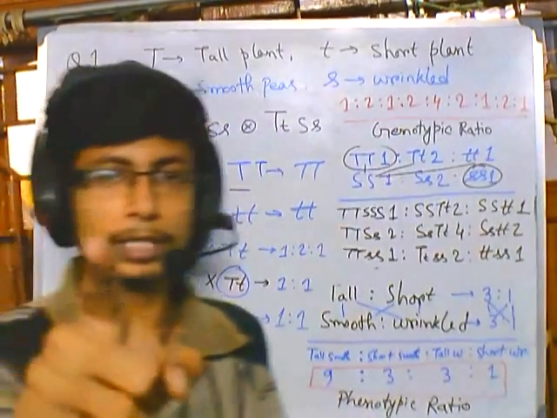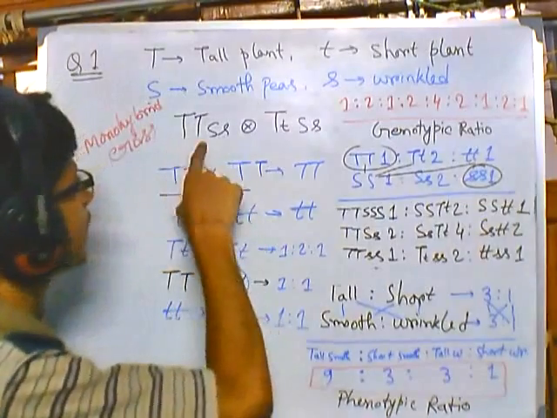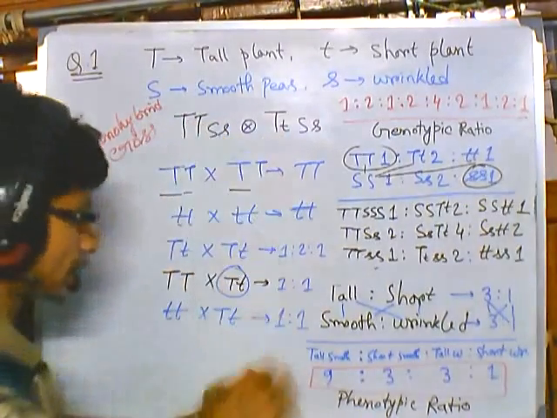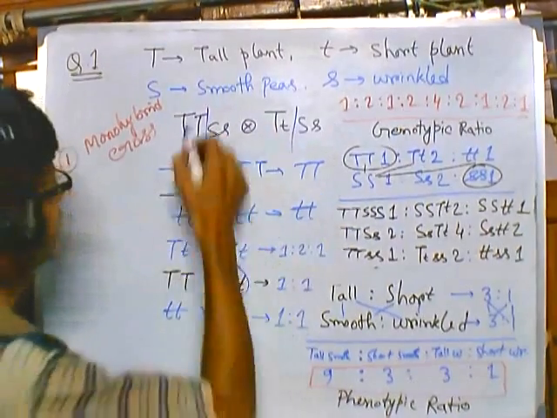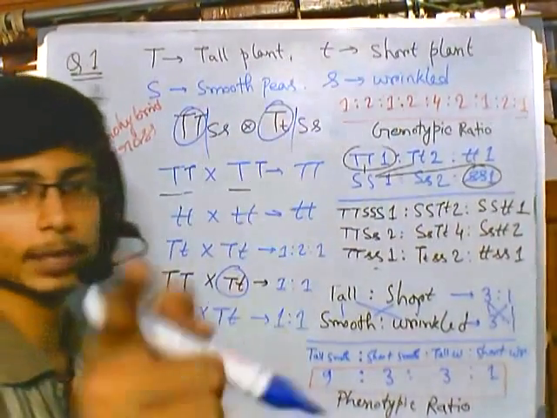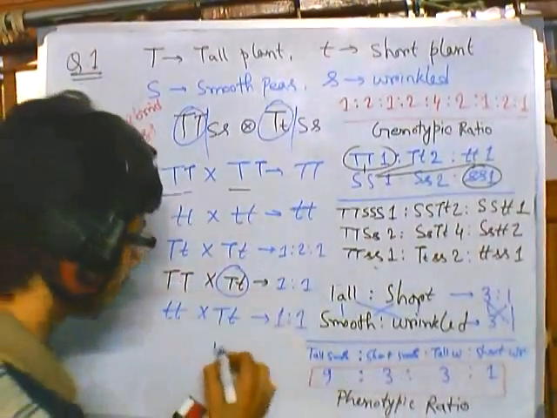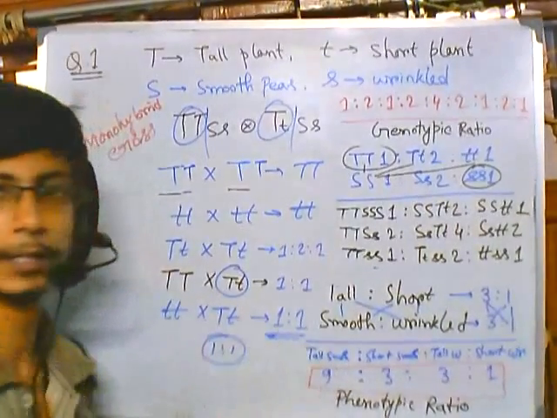Can you tell me what will be the ratios just by looking at it? Caps T caps T into caps T small t. So first divide it. One is homozygous, one is heterozygous. What will be the frequency? One homo and one hetero, 1:1. Yes, 50-50 frequency. Get it?